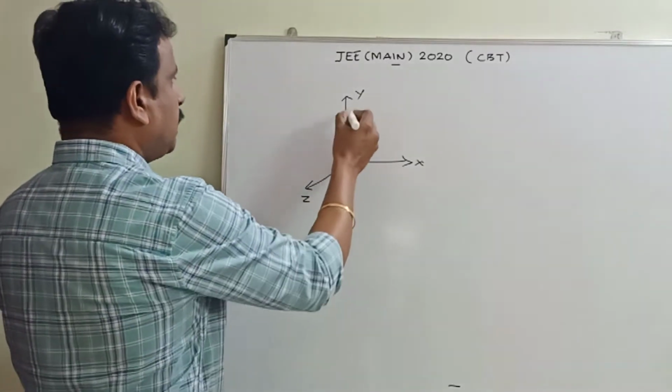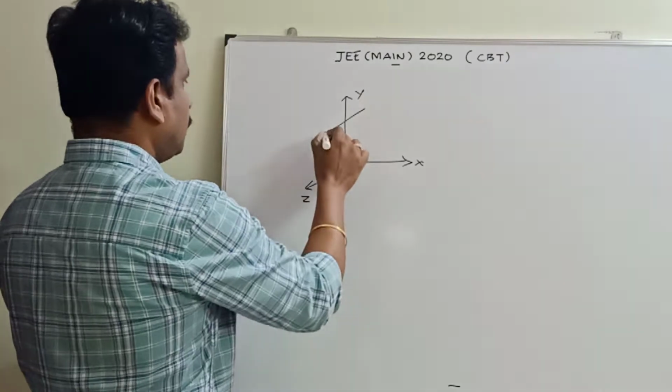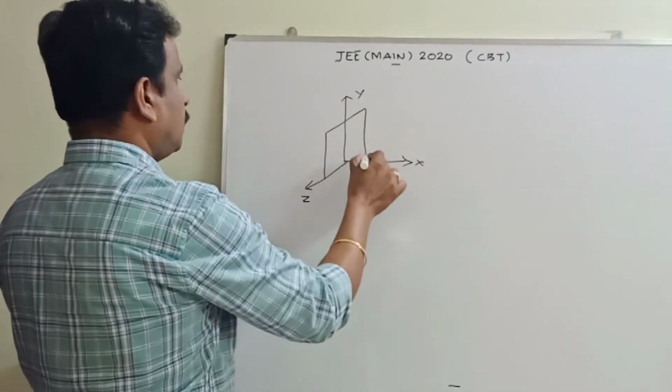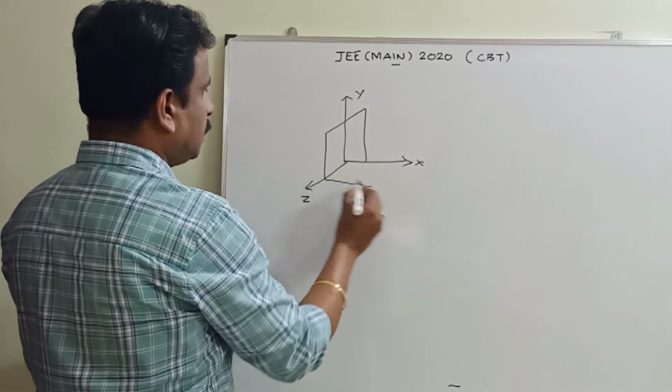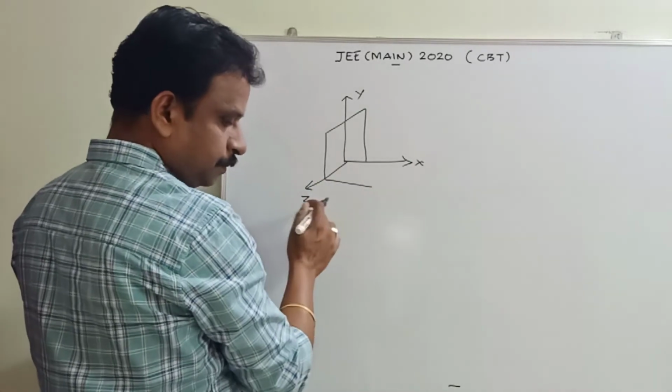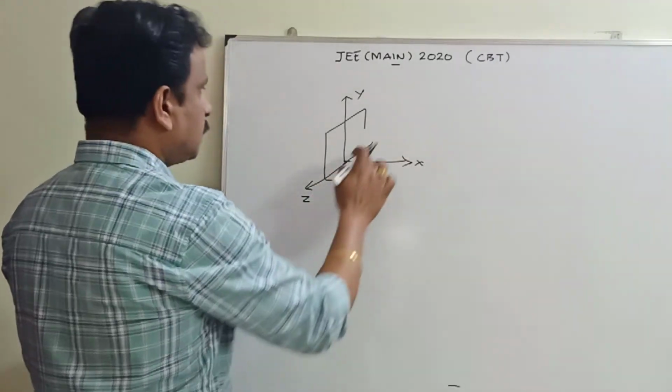The loop is given like this. So this is the loop we have been given, and this axis is like this.